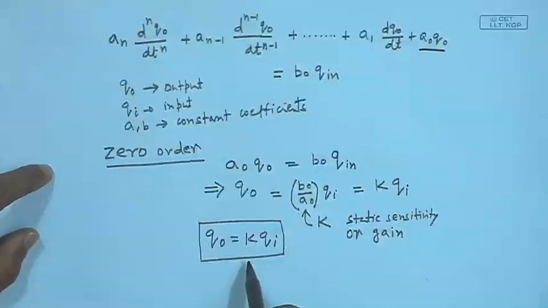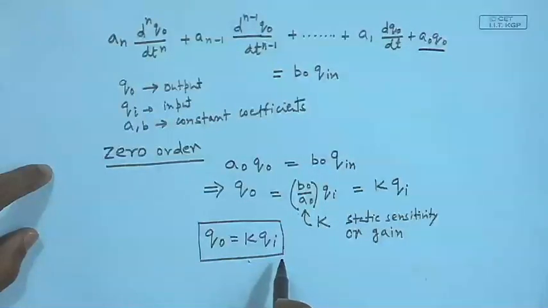So, we can say zero order instrument, if we can have a zero order instrument, it will follow perfect dynamics. There won't be any lag at all.